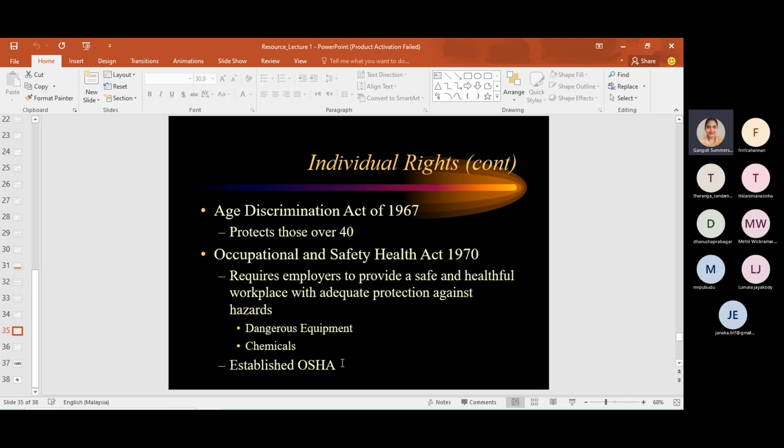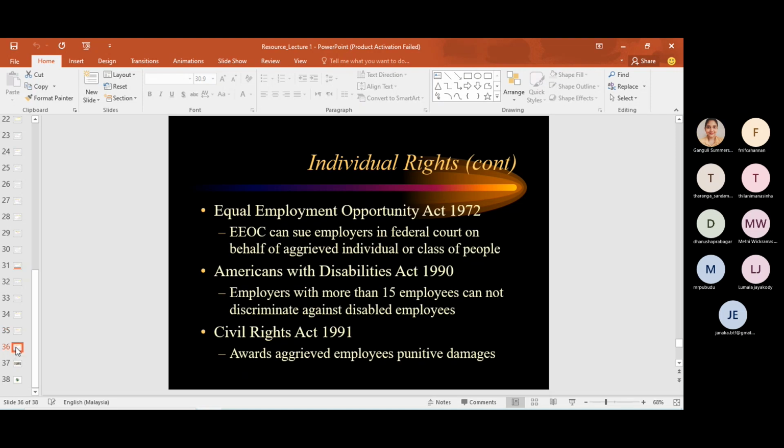That agency, OSHA, was also established under this Occupational and Safety Health Act made in 1970. Okay, and then we have the Equal Employment Opportunity Act made in 1972.